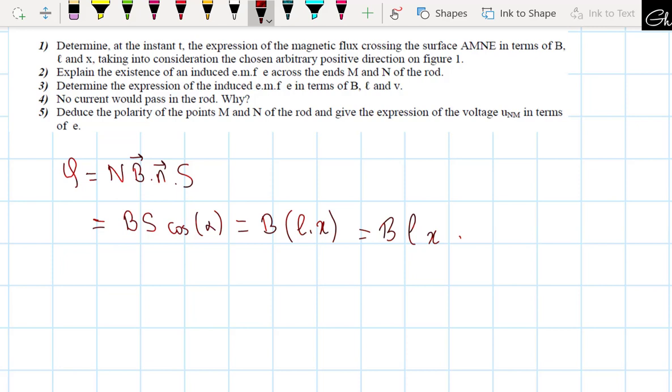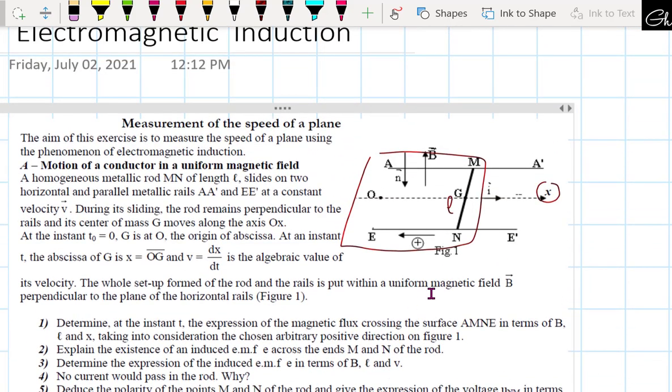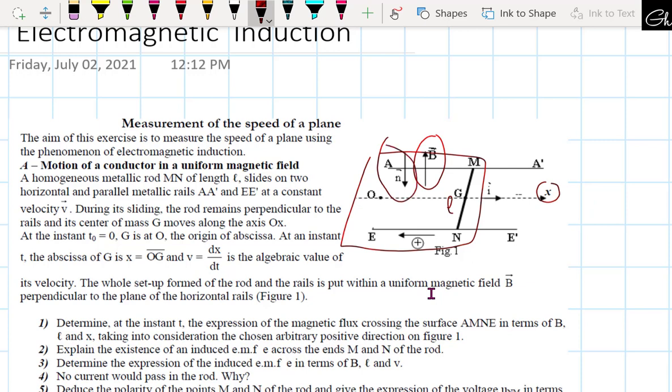Just note something, we have to check cosine the angle between B and n. So here, this angle is between B and n. Let's check if the angle is 0, 180, or different than that. B is upward while n is downwards, so the angle will be 180.